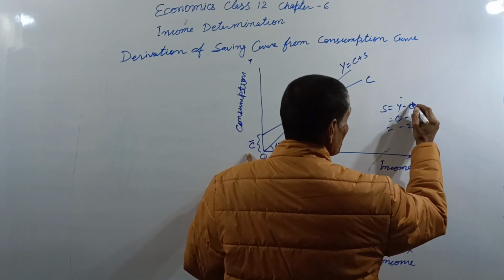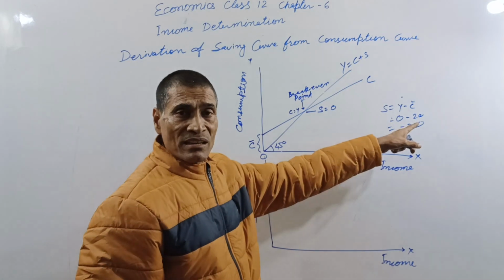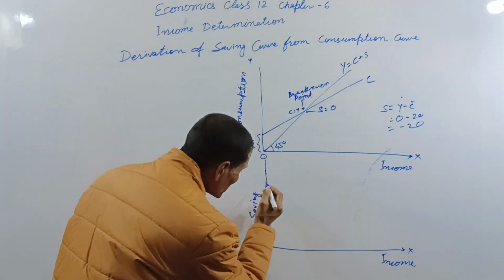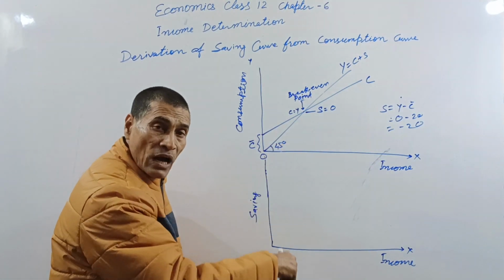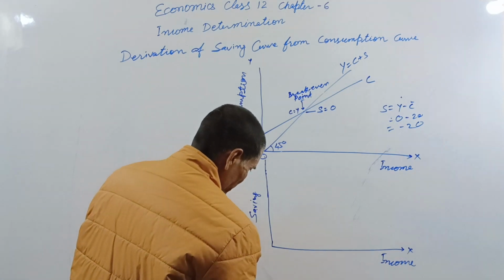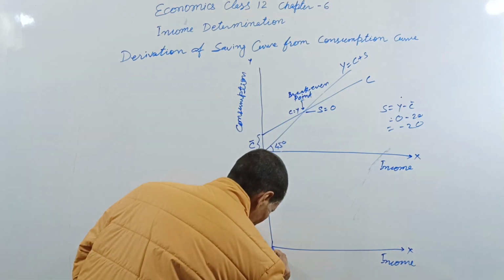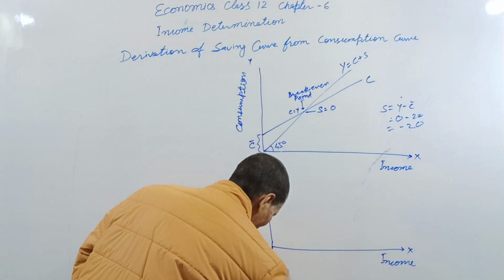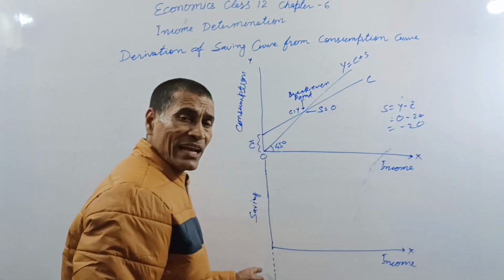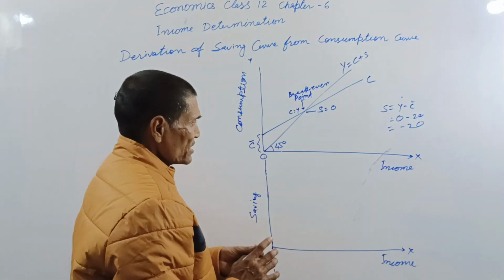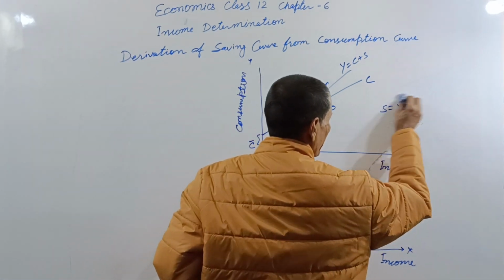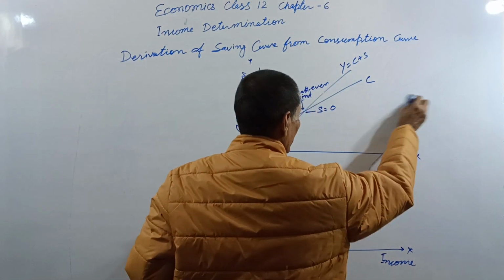This consumption is called autonomous consumption. So in this diagram we have to go down, it will be extended downward, because our values are negative. The saving is negative.